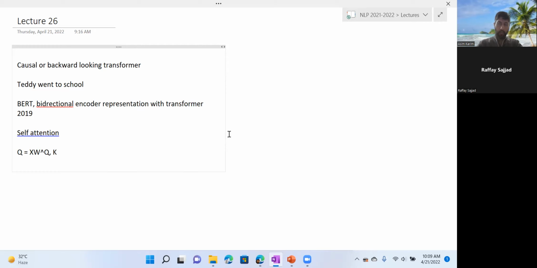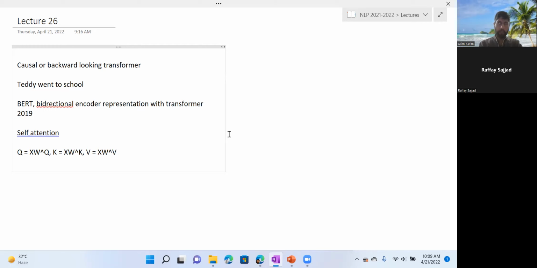And then we have the key role, which is X times the matrix W^K. And then we have the value role. This is X times W^V. And as we mentioned last time, for W^Q, W^K, the output dimension may be different from the input dimension.